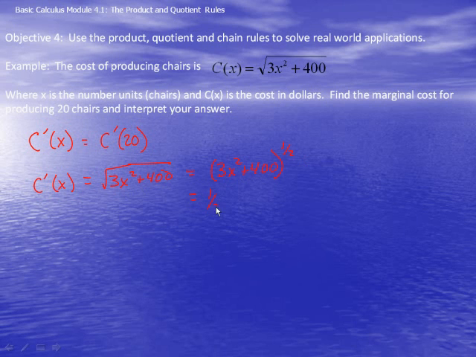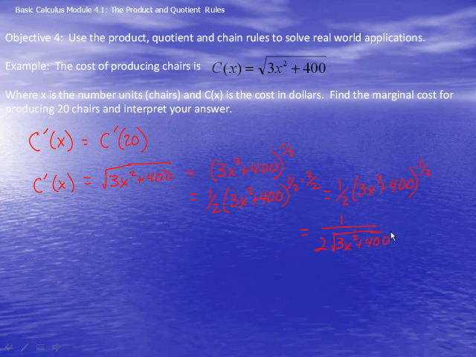So we're going to get 1/2 times 3x squared plus 400, and then we're going to subtract 1. So that would be 1/2 minus 2 over 2, which would be equal to 1/2 times 3x squared plus 400 to the negative 1/2. And if we wanted to simplify this, this would give us 1 over 2 times the square root of 3x squared plus 400.